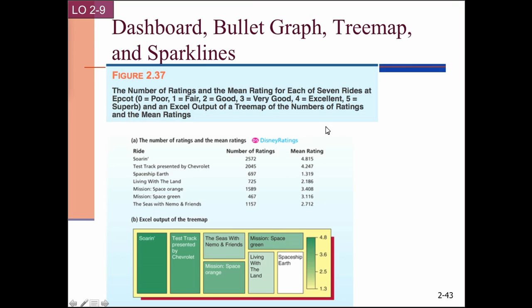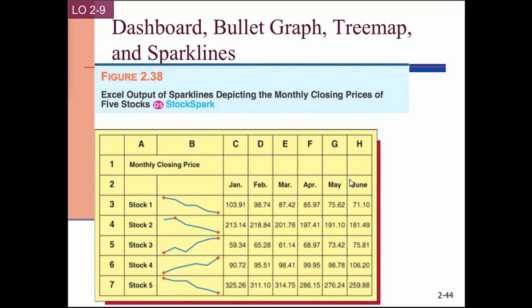However, if you chart this with what is called the tree map, automatically you can see that the biggest number of ratings and the most loved one is Soarin, and then the lighter the green, the less favorable, and the white is the least. Again, there is a video about how you can create a tree map, and it's really handy to start using those types of charts as your goal when you graduate from business college, to be able to read analytical charts.